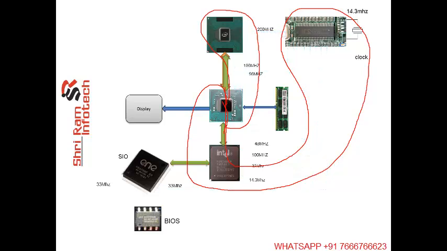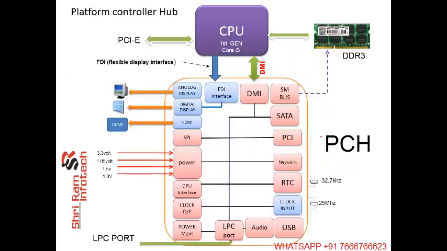So there were 4 chips, no? One is the processor, another is the MCH, then the ICH, and then the clock. The entire motherboard structure changed, and all 4 chips became only 2 chips. That chip's name is the platform controller hub, that is called the PCH.